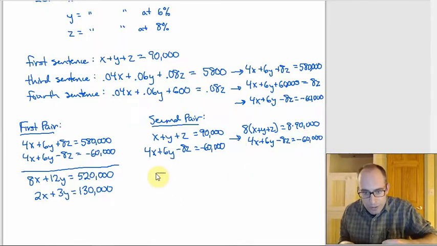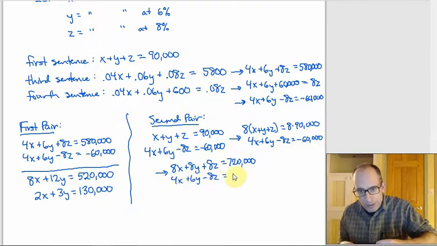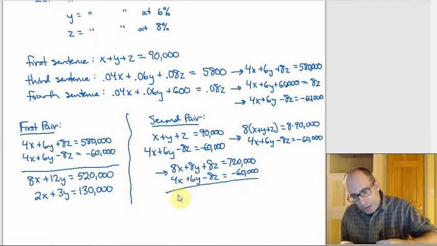And then if I distribute that 8, I'll have 8x plus 8y plus 8z equals 720,000. And then I'm going to have 4x plus 6y minus 8z equals negative 60,000. And if I add those together, those z terms are going to cancel out.